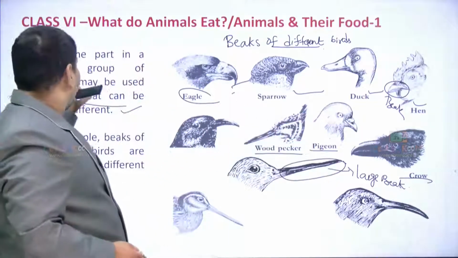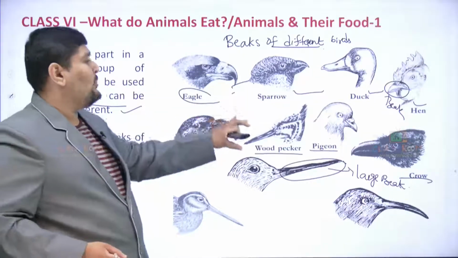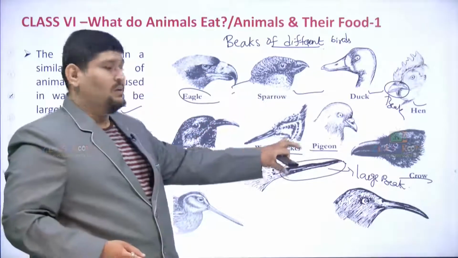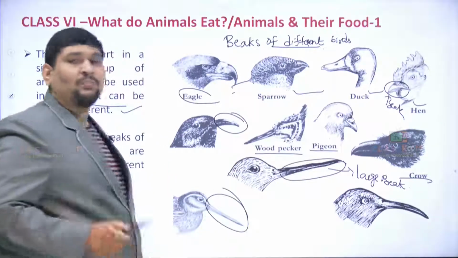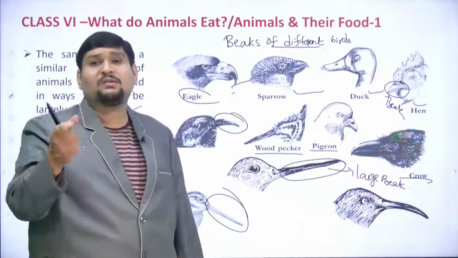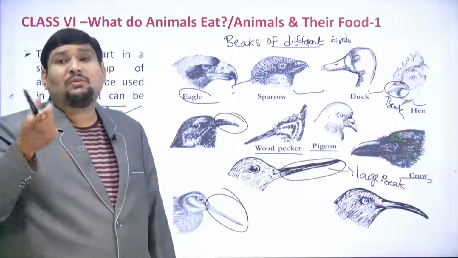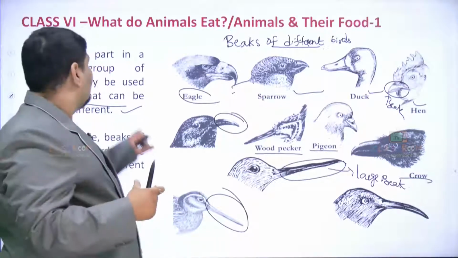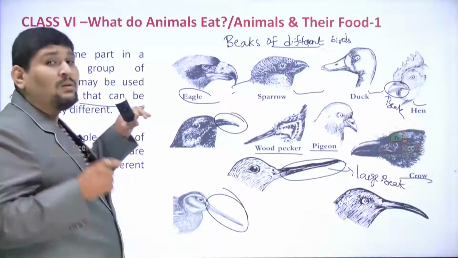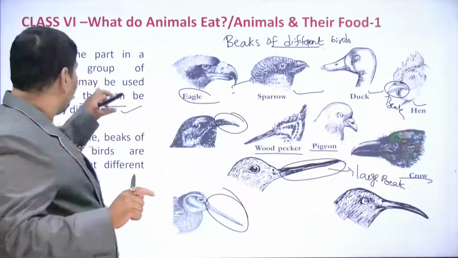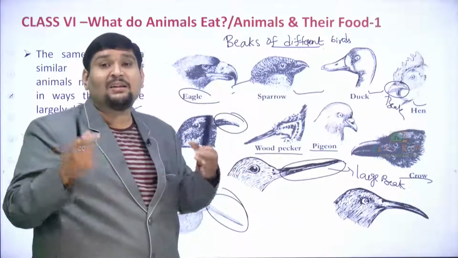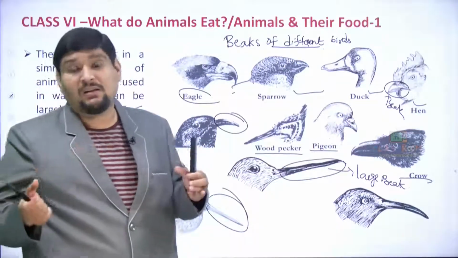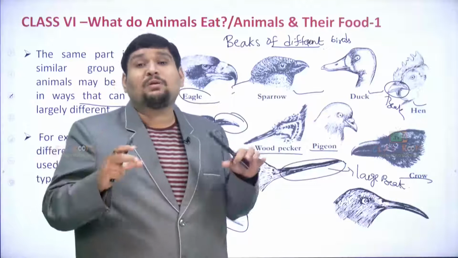The main criteria here is the same part in a similar group: everyone has a beak, and they use the beak only for taking food. But a similar group of animals may use it in ways that are largely different, meaning the way they take the food may differ from one another, but the purpose is the same.